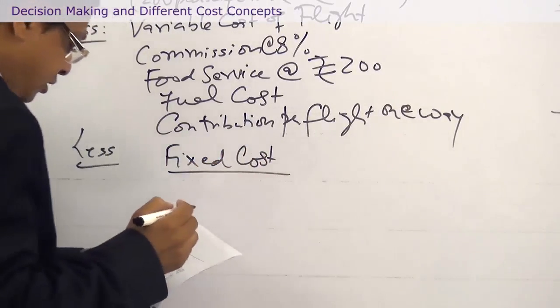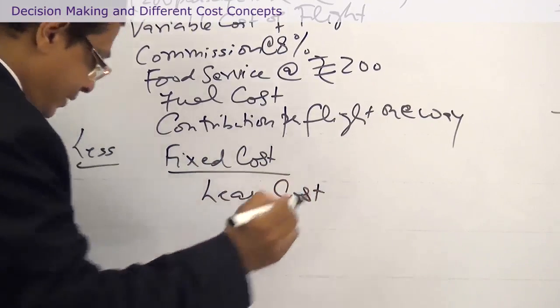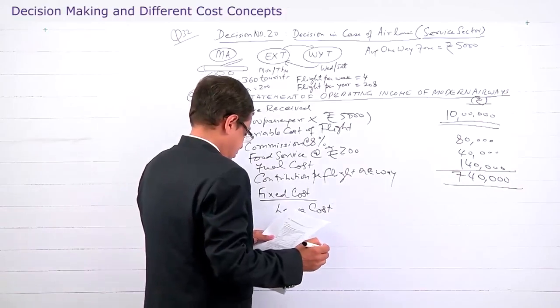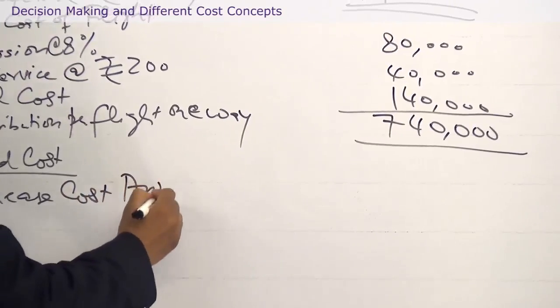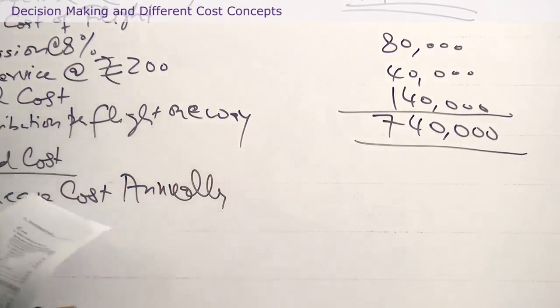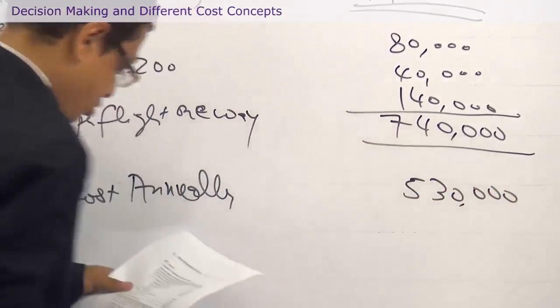So what are the fixed cost? Lease cost. You have taken airline on lease. So this lease cost on annual basis. So annually, this works out 5,30,000.